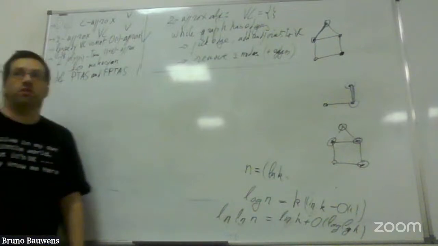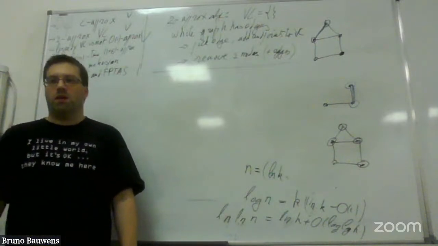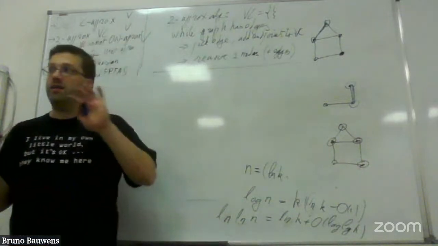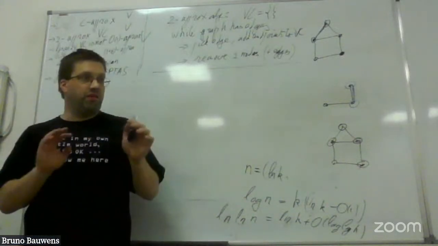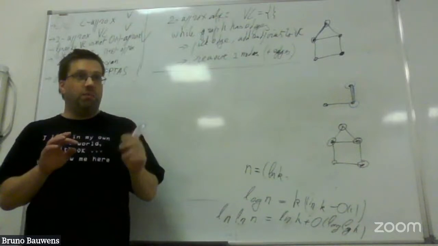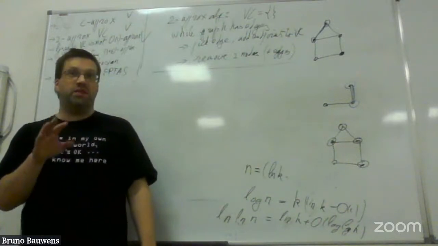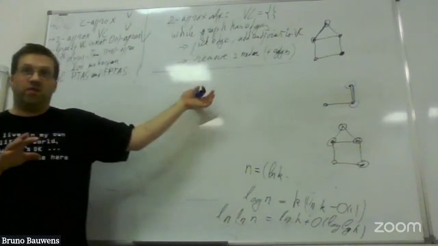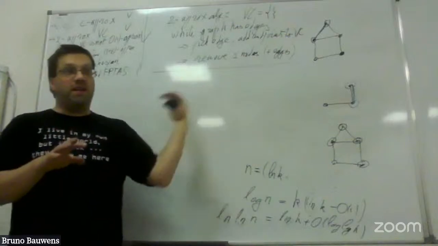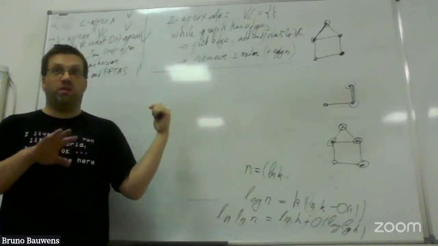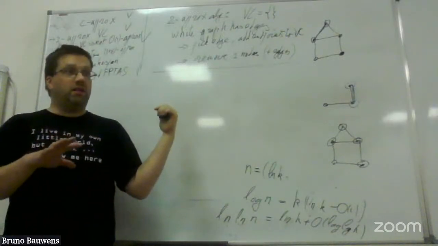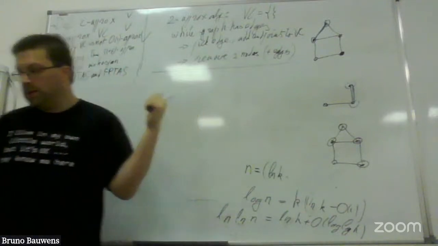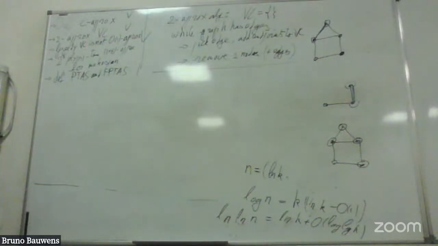So the independent set problem and the clique problem are very different in the world of approximation algorithms. Because for the vertex cover problem, there is a two approximation algorithm. But for the independent set problem, there is no polynomial time algorithm that gives a constant factor approximation. So it's kind of interesting.